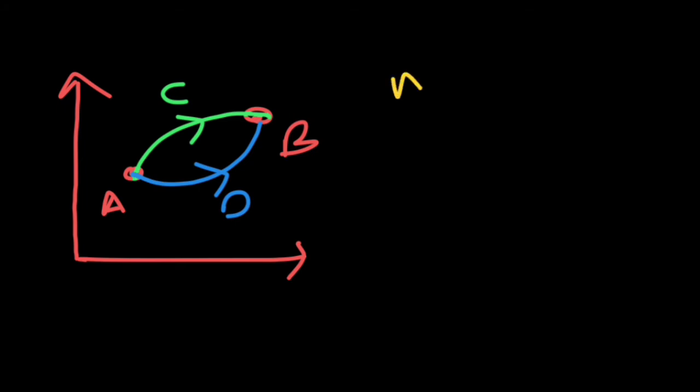So, work done along ACB is greater than work done along ADB. Here also, the initial and the final points are the same, but when the path is different, work done is also different. Thus, the work done depends on path here too.